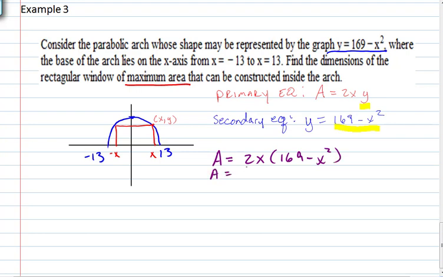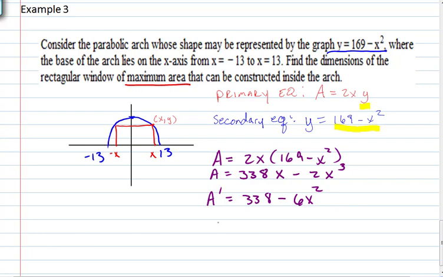So this is 338x minus 2x cubed. When I take the derivative of this, we end up with A prime equals 338 minus 6x squared. Correct?